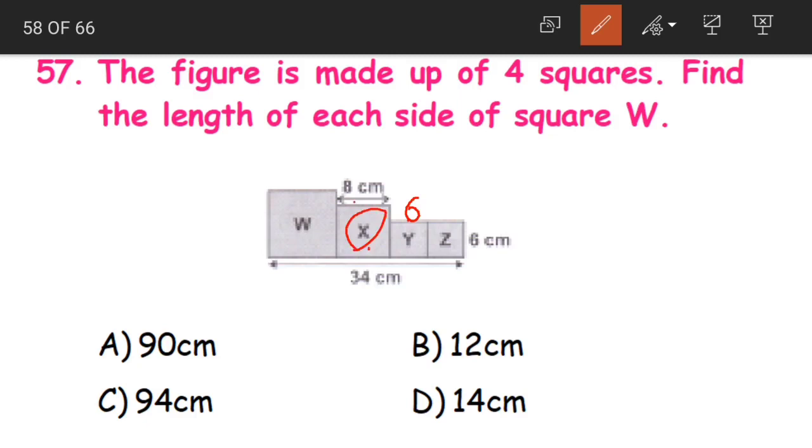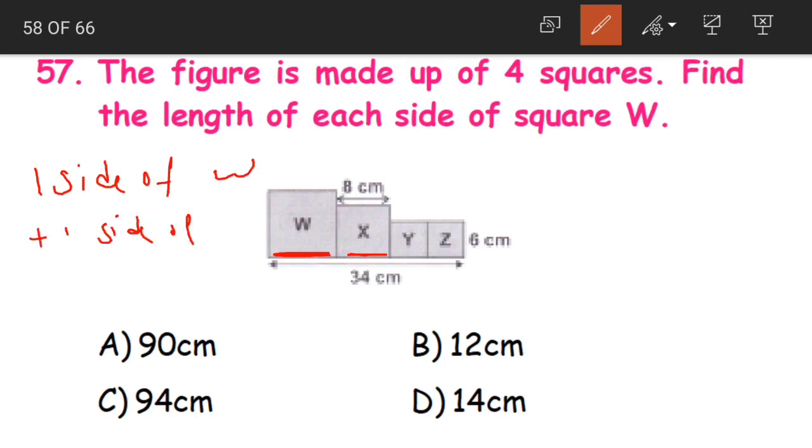For square X, the length of the side is 8 centimeters. So only the length of W is missing. So what can it be? If we observe the total length of the sides here, one side of W plus one side of W plus one side of X plus one side of Y plus one side of Z. When we add all these sides together, we get 34 centimeters.